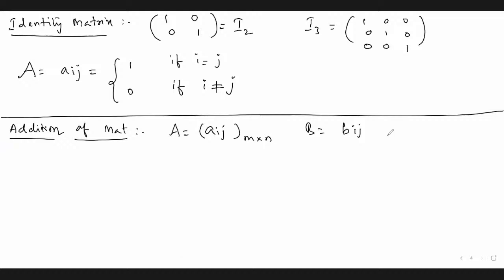of n by p, then A plus B does not exist. Why? Because A and B do not have the same order. If A, B have the same order, then A plus B exists. Otherwise, it does not exist.